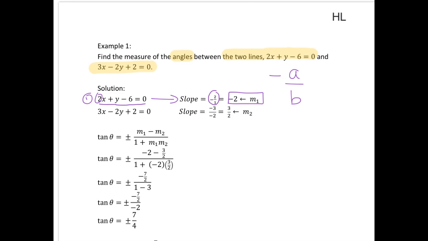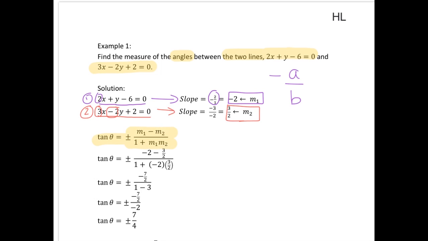Then, when we look at our second equation, 3x minus 2y plus 2 equals 0, our slope there is minus 3 over minus 2, which is 3 over 2, and that is our m2. Once we've found m1 and m2, we can write down our formula for tan theta.